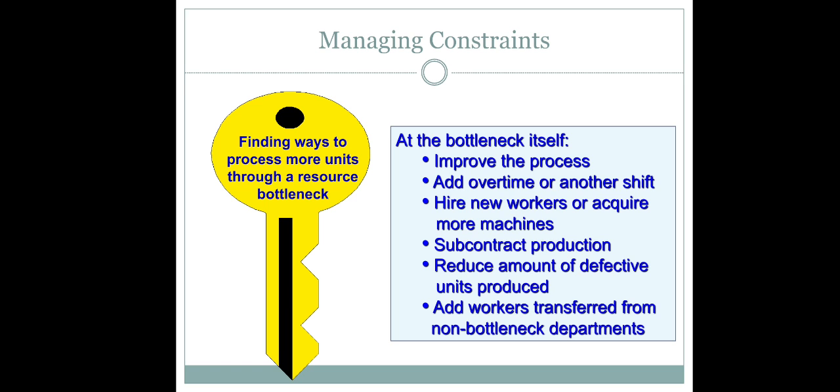Let's say in one department there is a constrained resource. Maybe in other departments there is excess capacity. So what can be done is to ask workers from other departments to transfer to the bottleneck department. Then maybe the problem can be solved.